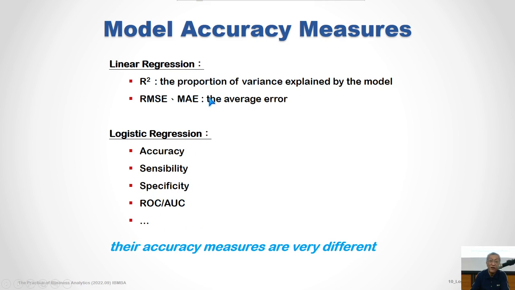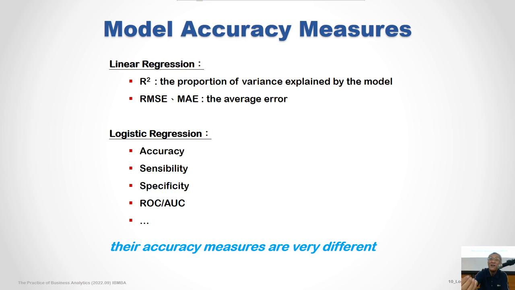There are two types of measurement. First is R squared, which means the proportion of variance explained by the model. Because we are using the model to try to explain the variance of y, if I can explain 60% of y's variance, then R squared will be 0.6.